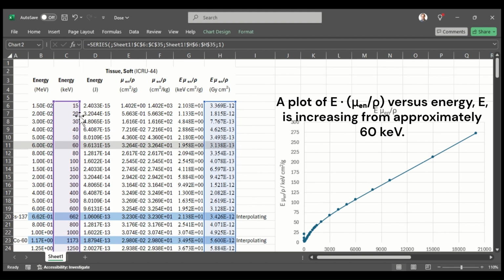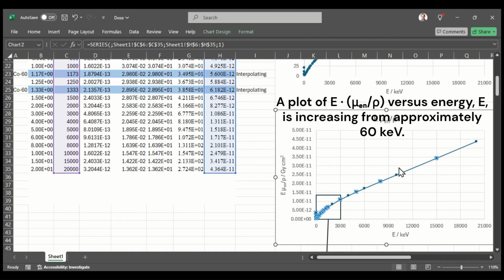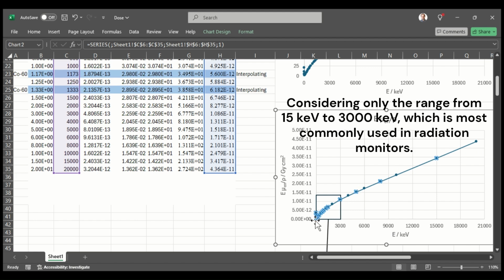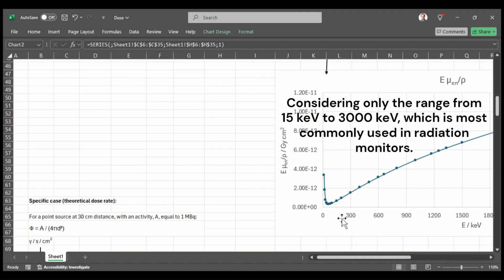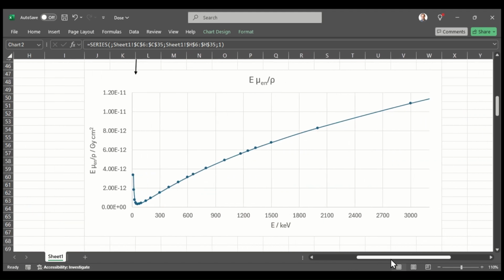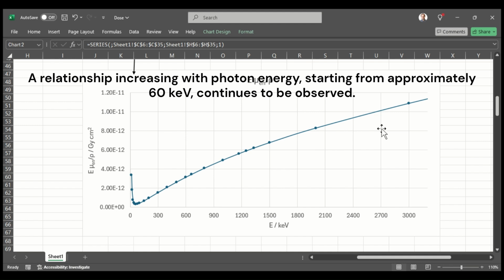Again, the plot of the product of energy and the mass energy absorption coefficient shows an increase with increasing energy above approximately 60 kV. We will now consider only the energy range from 15 to 3000 kV, which is most commonly used by radiation monitors. A relationship increasing with photon energy, starting from approximately 60 kV, continues to be observed.